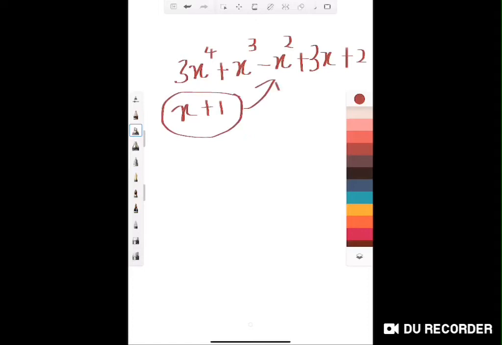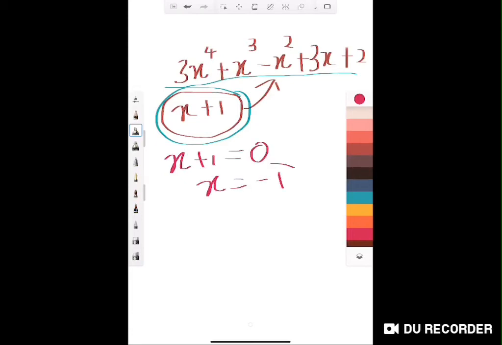Okay, it means if we divide 3x power 4 plus x cubed minus x square plus 3x plus 2 by x plus 1 and we get remainder 0, it means x plus 1 is a factor. So how to check? x plus 1 equals 0, which means x equals negative 1. So substitute negative 1 in your polynomial.